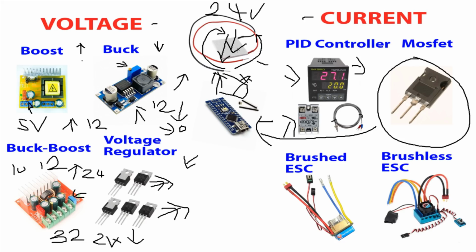If you're going to be using an Arduino, which is 5 volts output, to control a MOSFET, the MOSFET has to be able to open the gate or open the switch, because that's pretty much what it is. It's just a switch. It needs to be able to open this all the way on a 5 volt input, and that is actually uncommon.